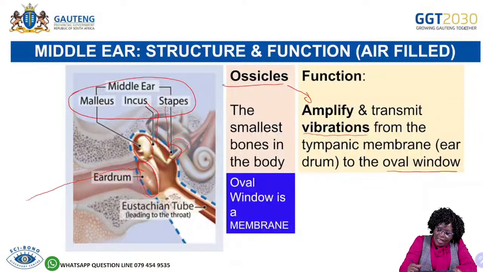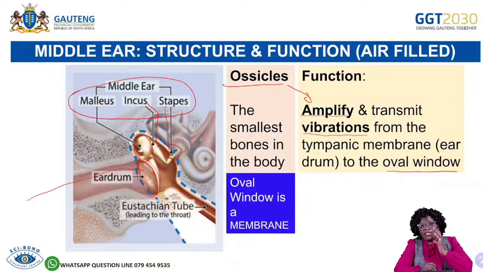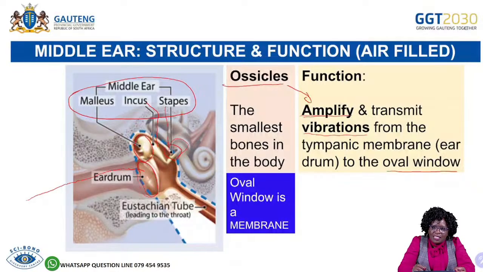But I also want us to look at amplification. If you check, the pinna is very big. But as we go into the middle region of the ear and the inner region of the ear, it's becoming smaller and smaller. Therefore, when sound waves are entering the ear, there must be amplification.